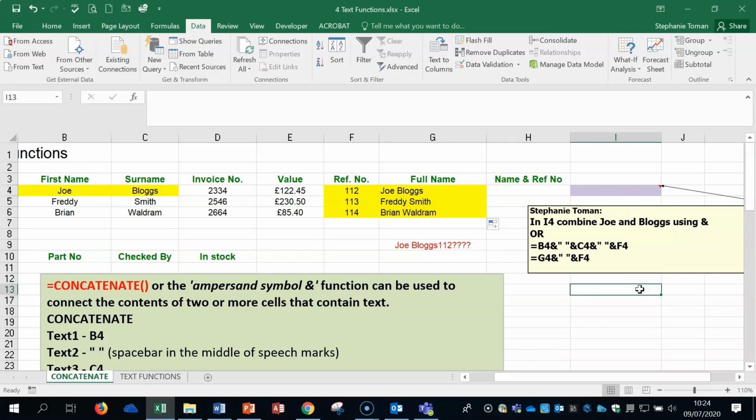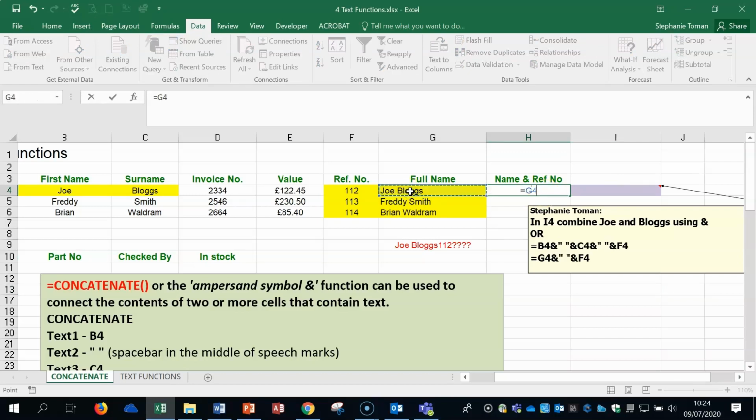Something that's useful in the real world, not used in the exam, is you can use ampersands to join up cells as well. So if we clicked here, if we had an equal to Joe Blogs, and we wanted to add a reference to it on the end, let's say in F4, the 112, we put an ampersand above the 7, number 7 on your keyboard, Shift and 7, and then added a cell reference and okayed, it would then join them up.